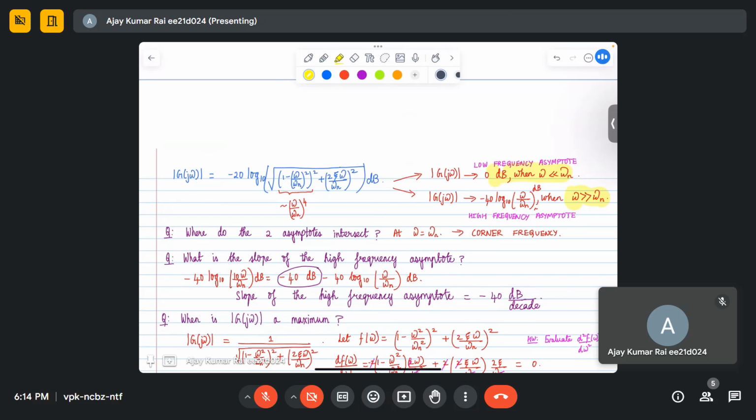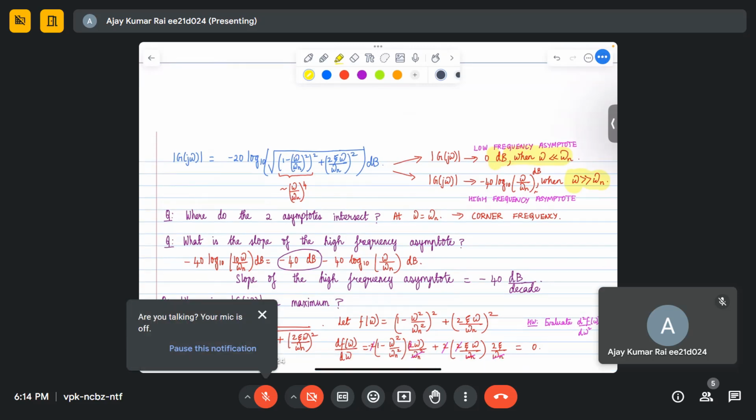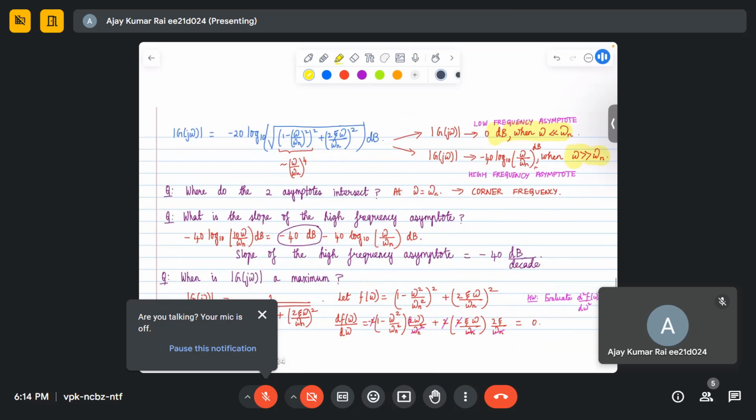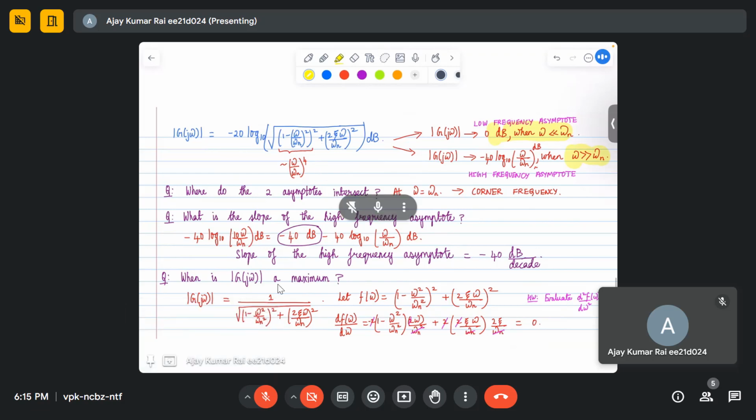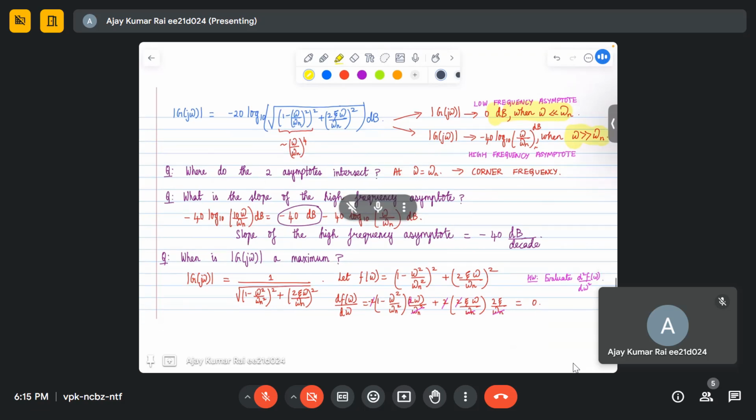When omega is much less than omega n, the natural frequency, you'll get the low frequency asymptote. Correspondingly, if omega is much greater than the natural frequency, you can approximate the magnitude plot like this.